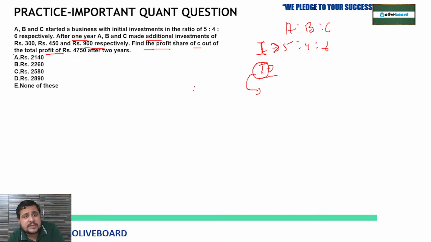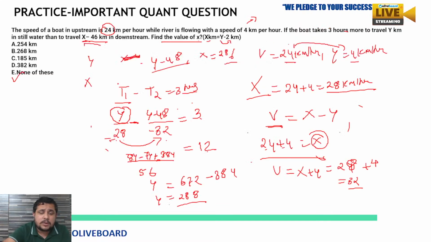Investment ratio is directly 48 into 7. Okay, this I took wrong, 47.